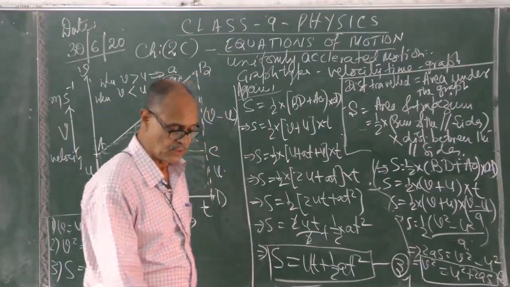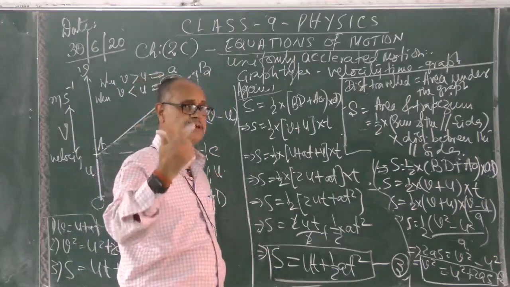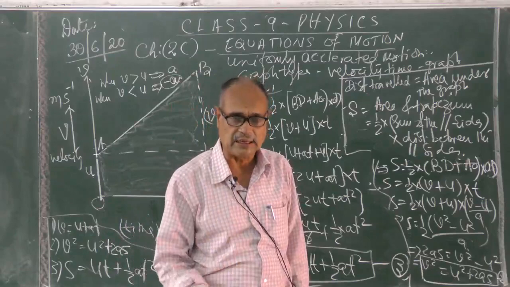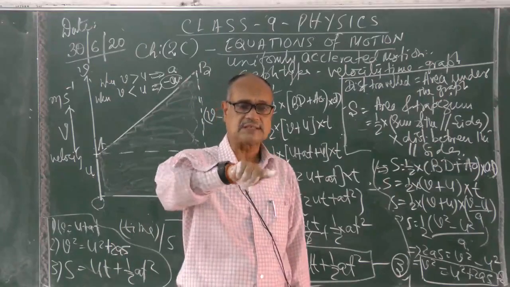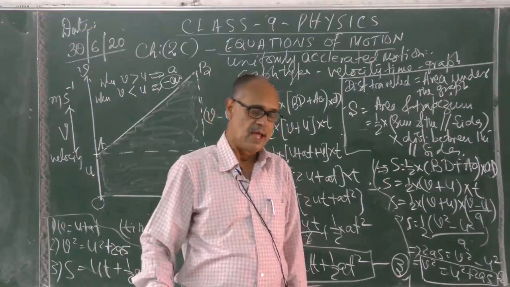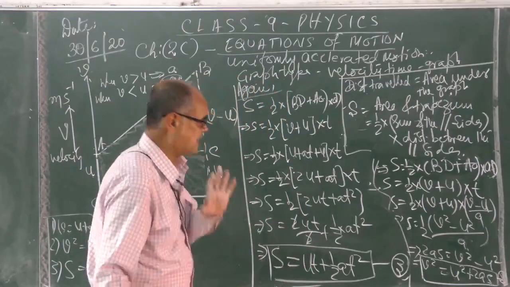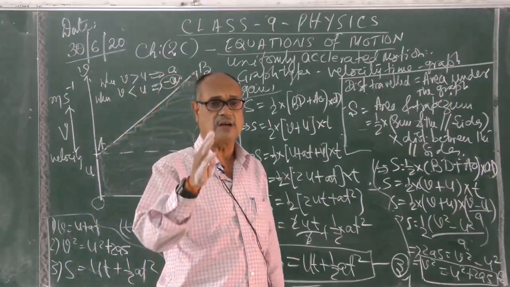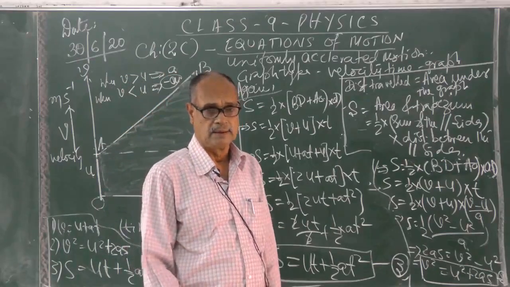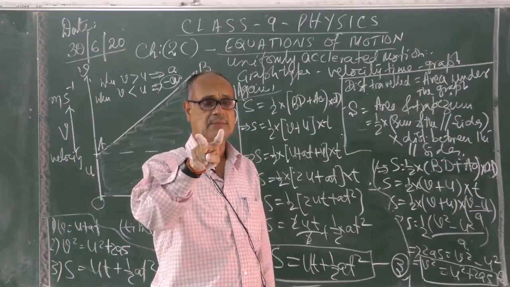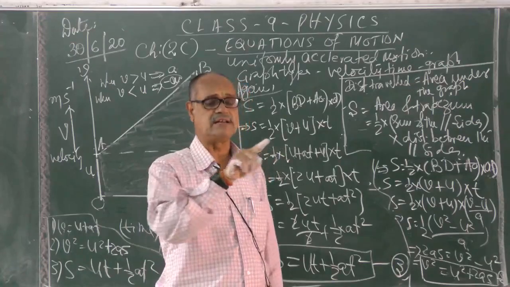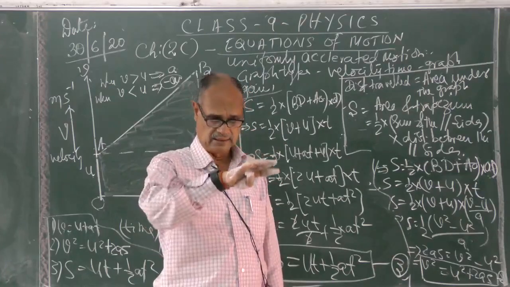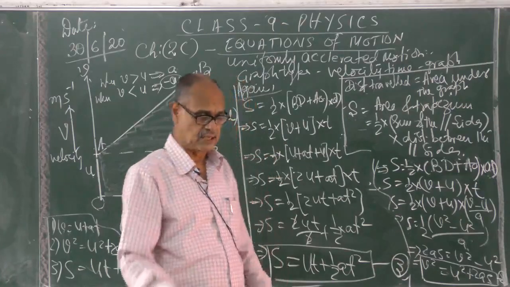We got it. In your book an alternative method is also given. The alternative method uses the formula average velocity into time. Just check the line. The average velocity stands for the sum total of initial and final velocity divided by 2, that is half the sum of the initial and final velocities.